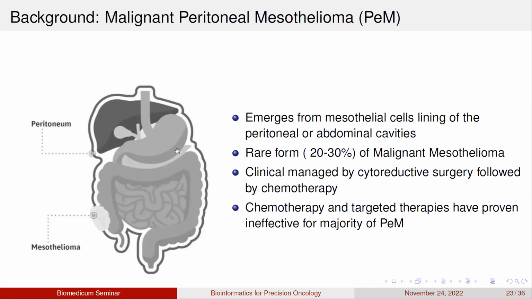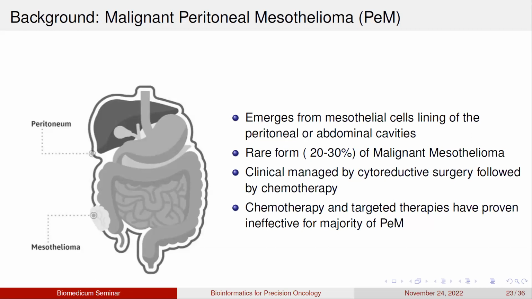All of the lower abdomen is covered by a very thin transparent membrane known as the mesothelial lining, and this cancer arises around this area. It is a very rare form of cancer.